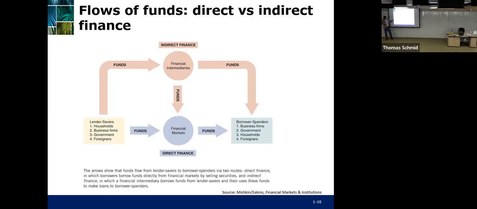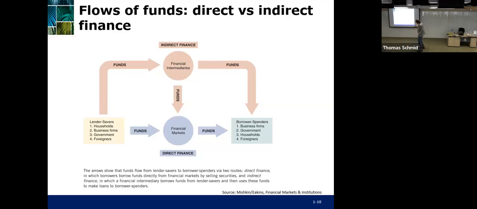The second way how the funds could be transferred is the so-called indirect finance way. It's via financial intermediaries. And it's called the indirect way because in this case, if money flows this way, Amy and Jack never meet each other. They do not even know that they exist because they have two separate contracts with a financial intermediary, for example, a commercial bank.